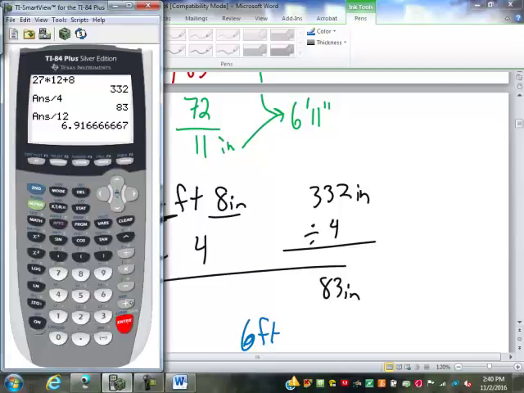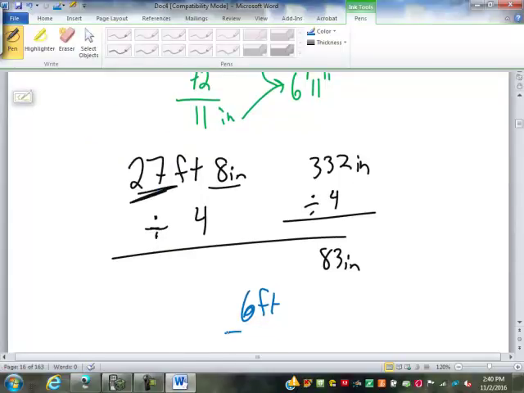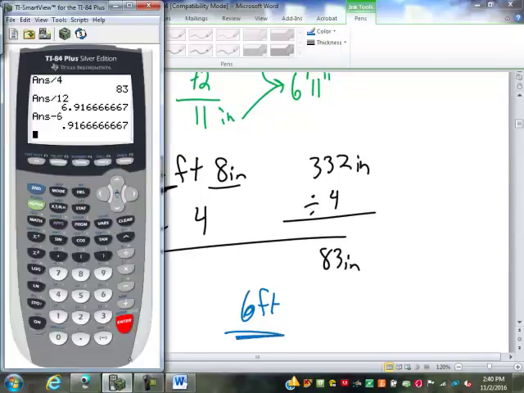Now back on the calculator, this next step is important. You're going to subtract that 6 whole feet to get 0.9166667. That is what was left over after we took out this 6 whole feet. We want to convert that back into inches now. So you're going to multiply by 12.